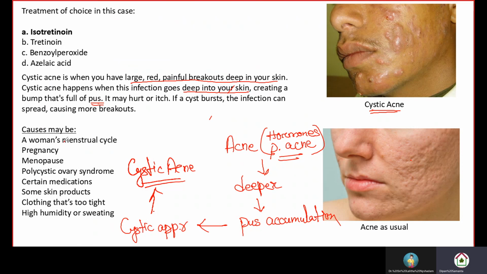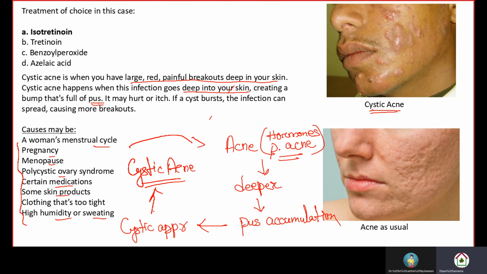Causes are menstrual cycle, pregnancy, menopause, PCOS, certain medications, some skin products, clothing that is too tight, and high humidity or sweating. All these are basically the causes of acne only; it's not different from acne. If acne is left without treatment, it progresses to cystic acne.